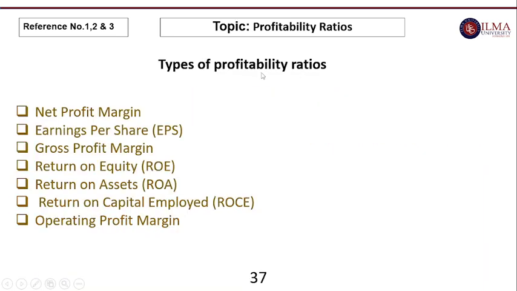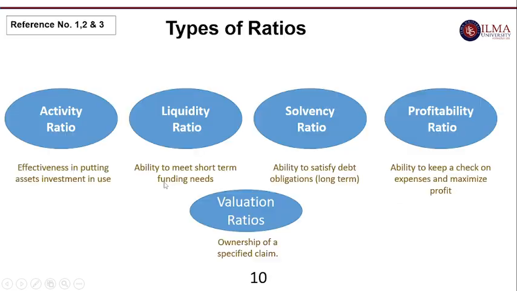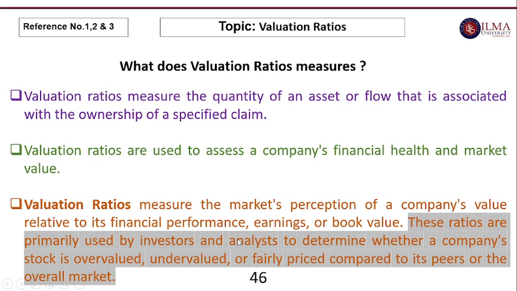Next, but not the last, not the least, is the valuation ratio, ownership of a specified claim. With the help of the word valuation, we mainly understand the whole definition. Valuation ratio measures a quantity of an asset or flow that is associated with the ownership of a specified claim.